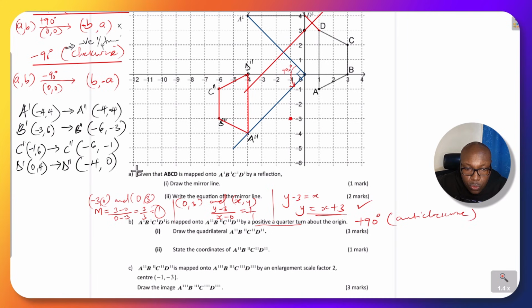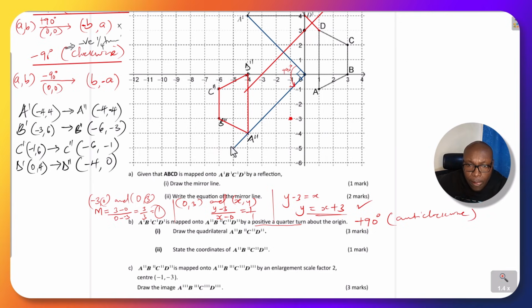The object here is A double prime, the one that we have already drawn. This is the one that you're supposed to enlarge with this being the center. Now, because this is an enlargement by a positive scale factor, you're supposed to note that the object and the image should be on the same side as the center of enlargement. But for an enlargement that has a negative scale factor, the object and the image are on opposite sides of the center of enlargement.